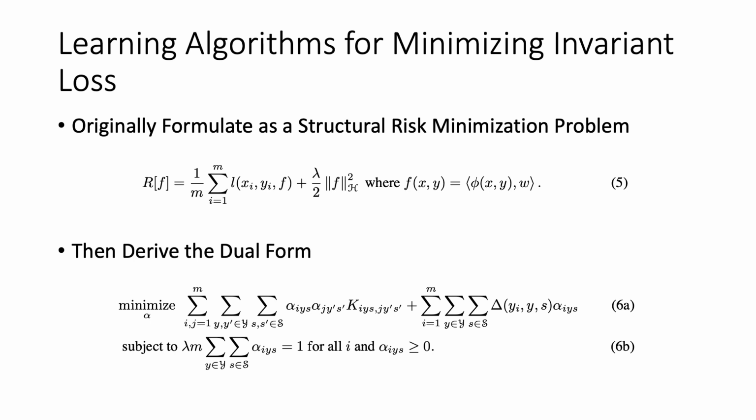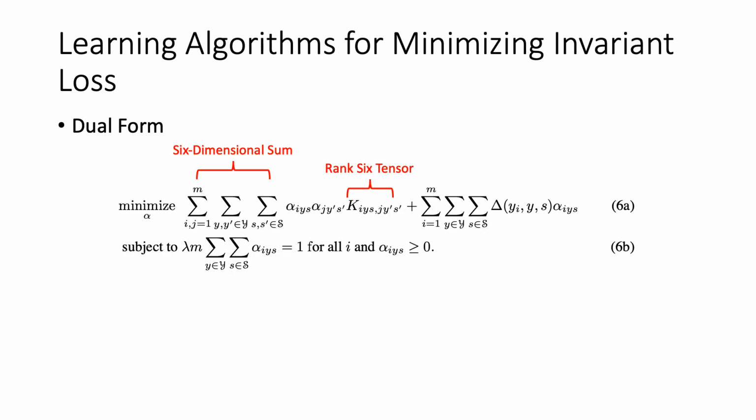And then they derive the dual form of the equation from this. The dual form is immediately terrifying for these reasons. We have a 6-dimensional sum and a rank 6 tensor to actually deal with in computing our values. And this sounds just large, right? It sounds a little bit incomputable.